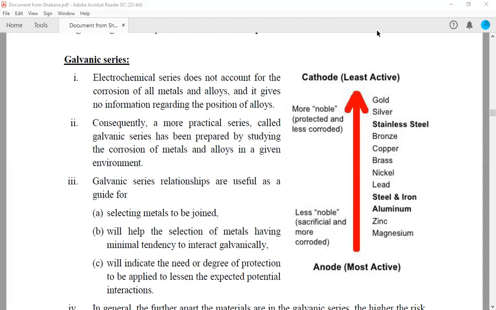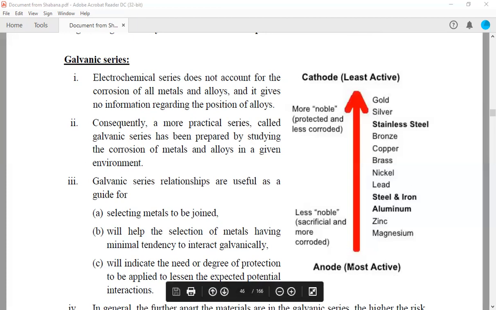But the galvanic series is a more practical and advanced series, which has been prepared by studying the corrosion of metals as well as the alloys in a given atmosphere or given environment. So this is the galvanic series.